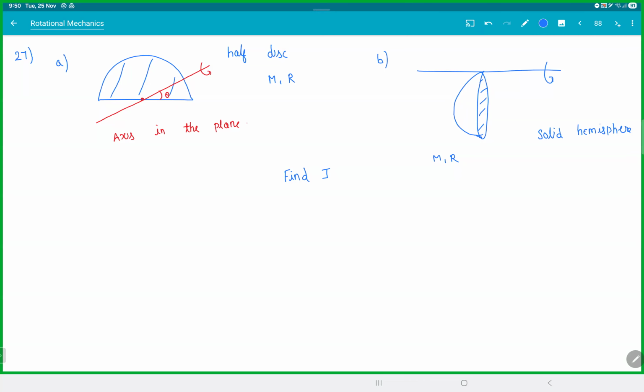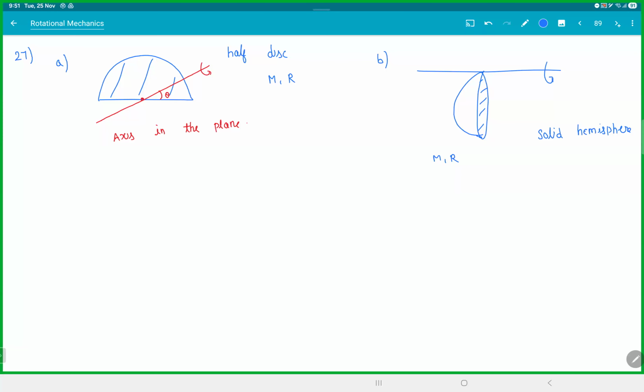What would be the first one? Remember the statement? As long as you keep the perpendicular distance the same, it doesn't matter how you arrange this. So what I will do now, look at this. Suppose this book is my half disk. I will just slice it like this, I will make it open up like this, I will exactly cut it in half.